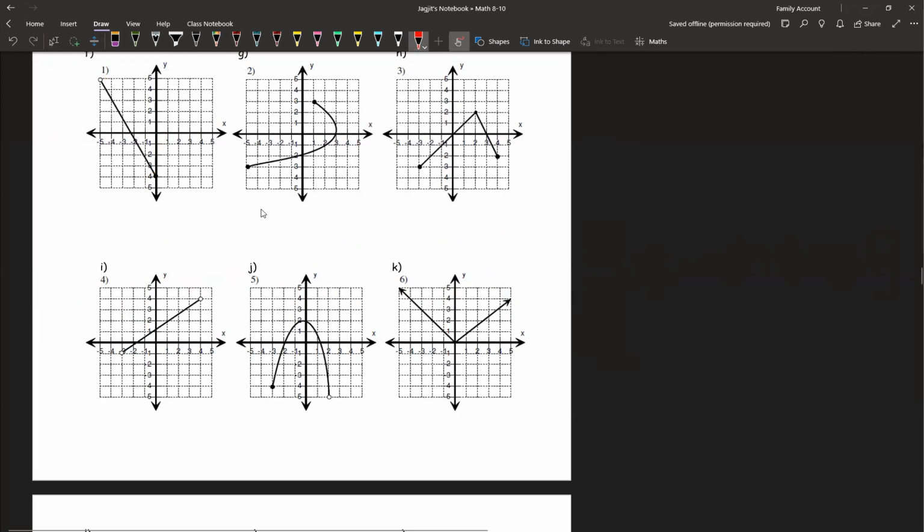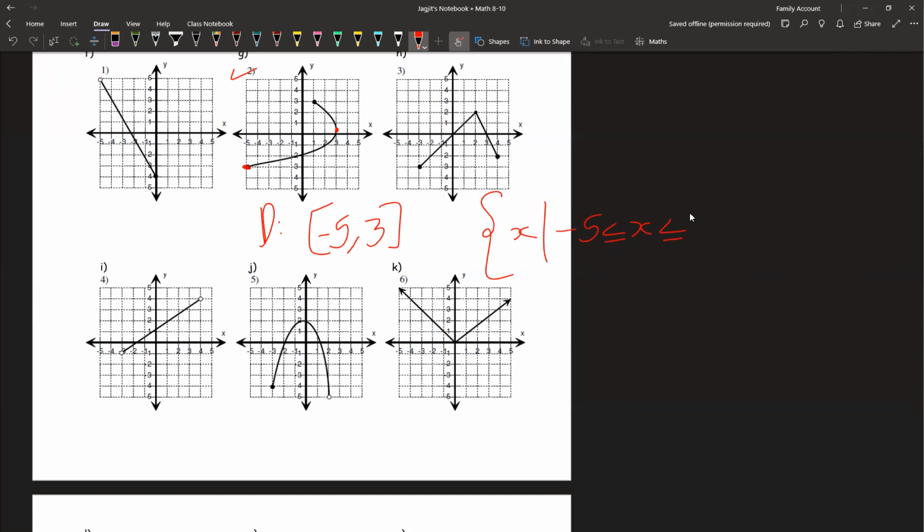On this graph, your x values are going from -5, and the rightmost x value is at 3, and both of them are included. In the other notation, you would have said it's for x, and x values are going from -5 to 3. Both are included, where x is all real numbers.